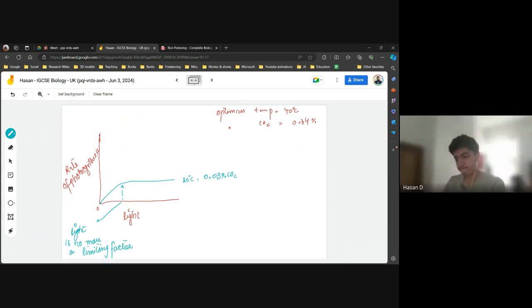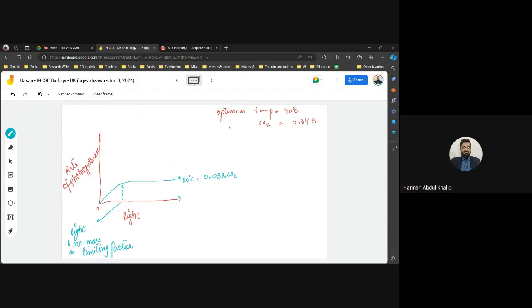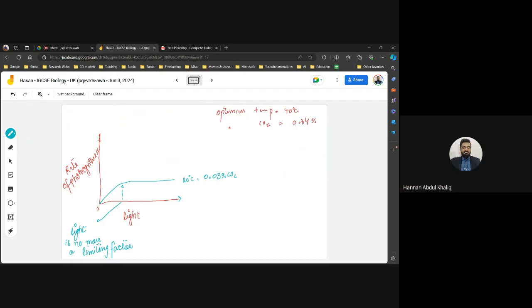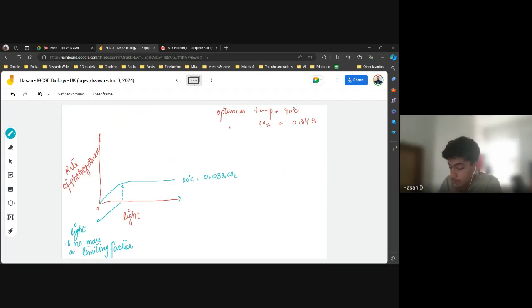Why? At the point where it plateaus, because it's not having any effect on the rate of photosynthesis anymore. If you closely look at the graph, we are constantly increasing the light, but when it plateaus, we don't need to increase the light anymore.